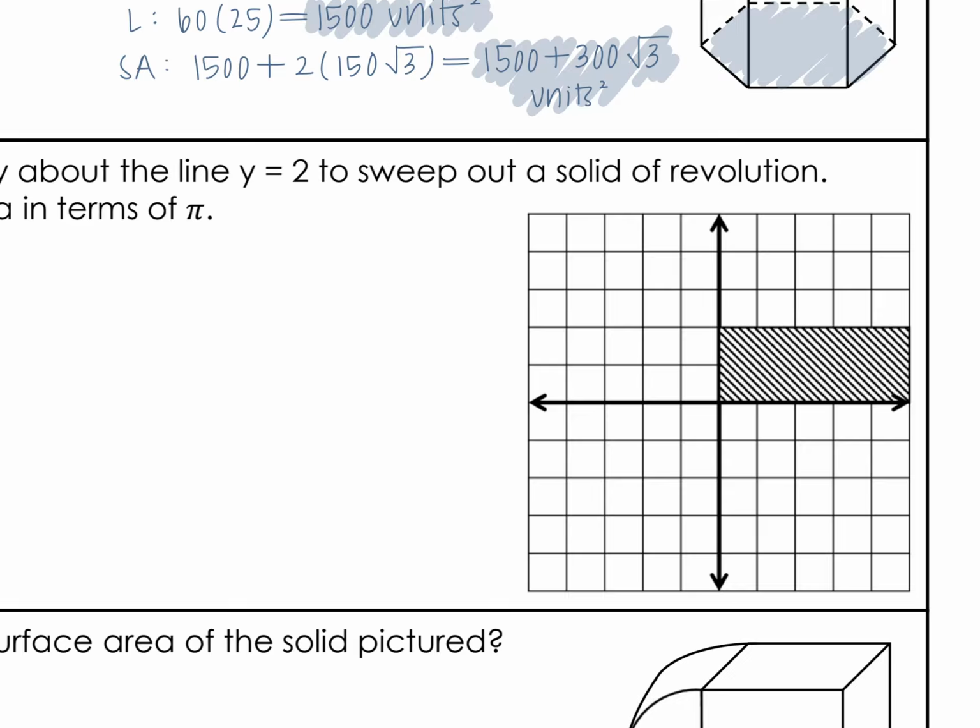I'm going to start off by highlighting that line. Okay, so that means just rotating around that. Because I'm rotating around, making a full revolution, that's going to be ending up in a base of a circle.